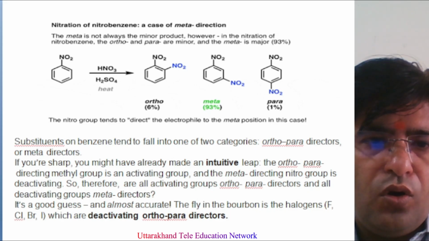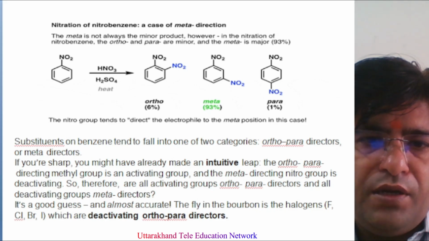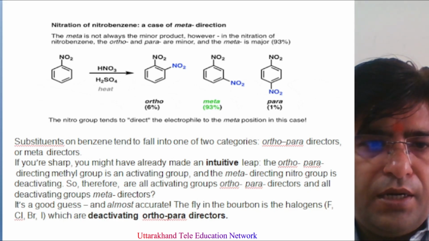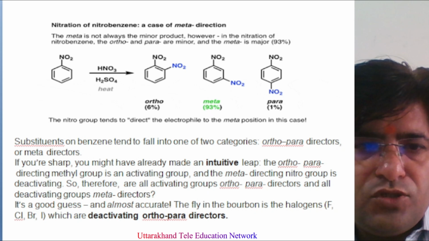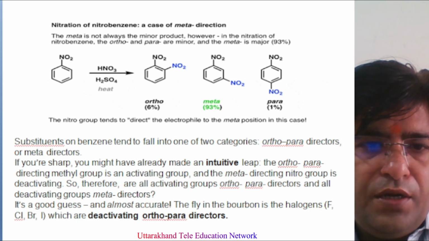So are all activating groups ortho para directors and all deactivating groups meta directors? It is a good guess and almost always true, except in the case of halogens, which are deactivating ortho and para directors.